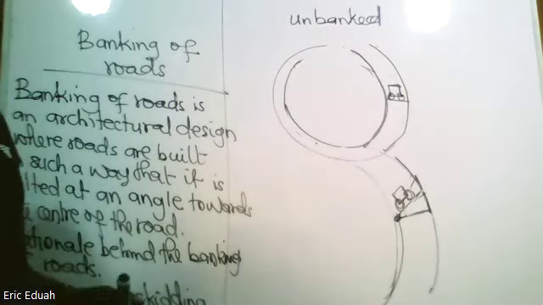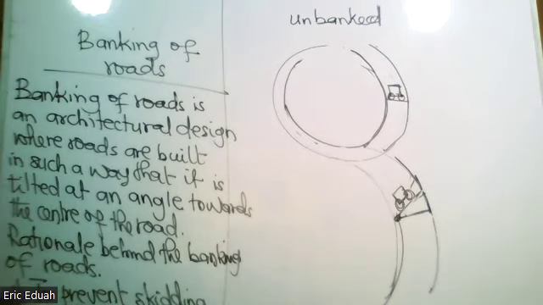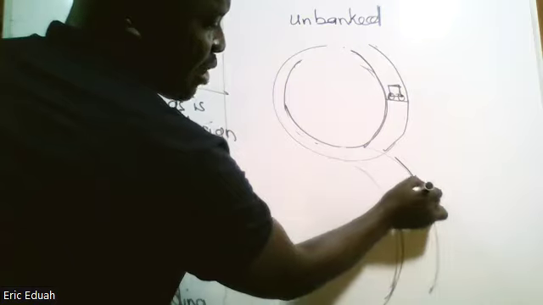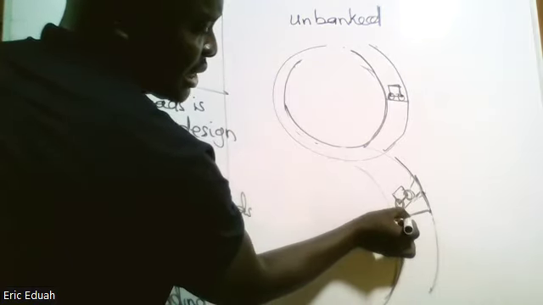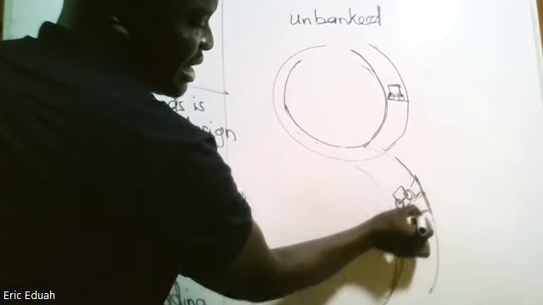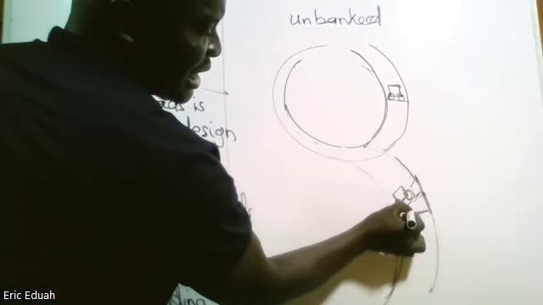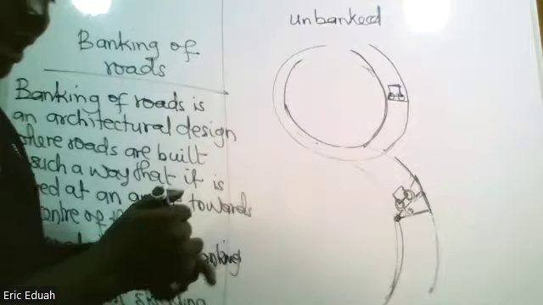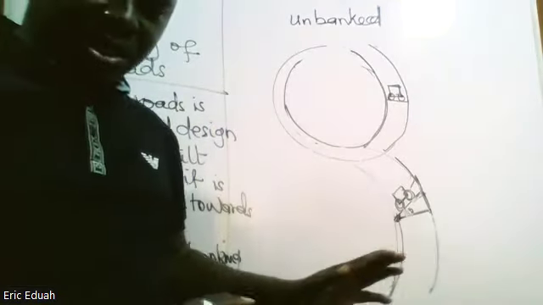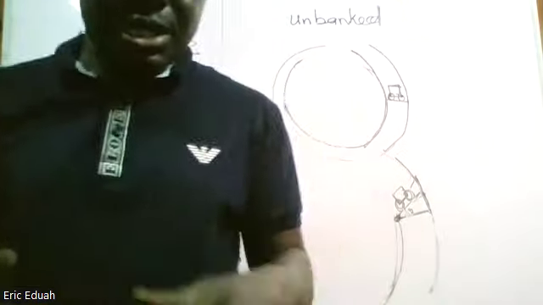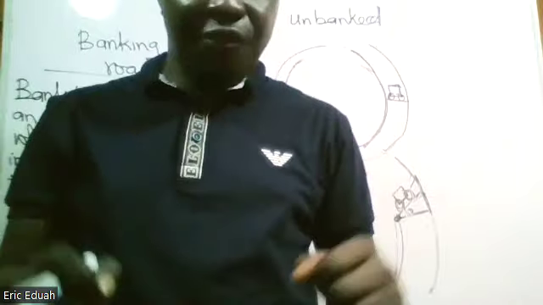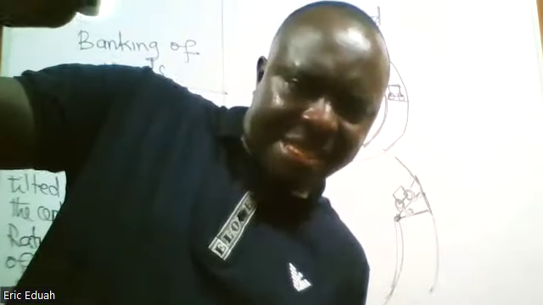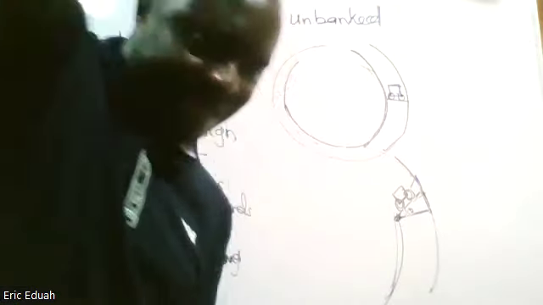So the road is designed in such a way that the upper end, the outer edge, is raised and turned through an angle theta towards the center. And if the road is built in this manner, it's the same as the Formula One driver who has to bend like this so that he can turn.